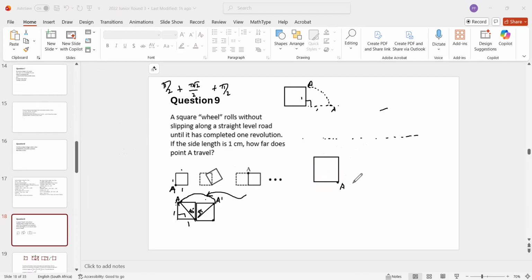So A is here now. But I wanted A to be here. It has to move here. I have to tell you that I really struggle to see how I can get it there.